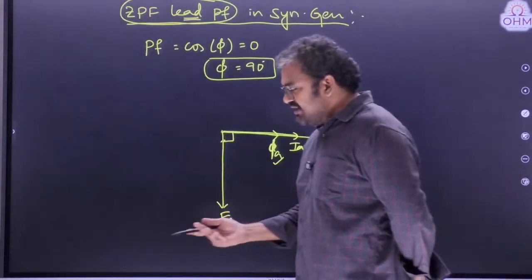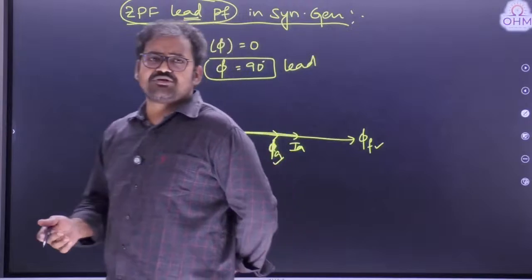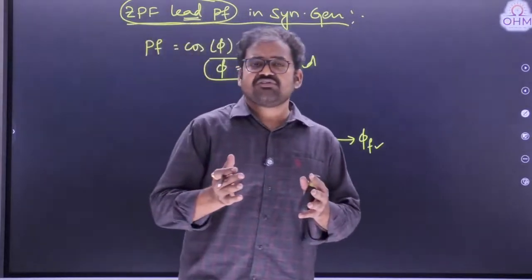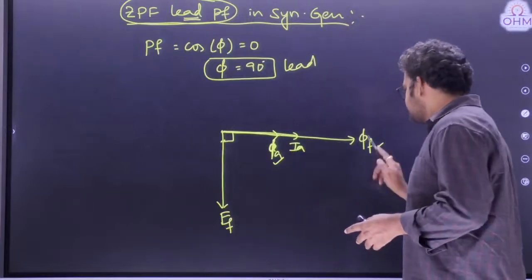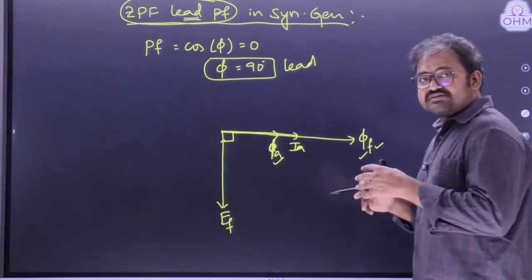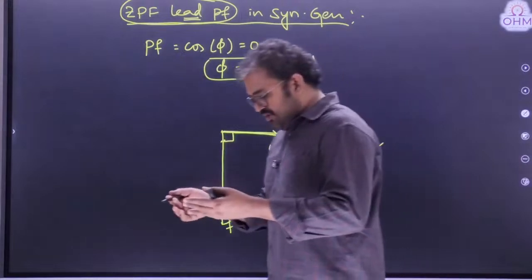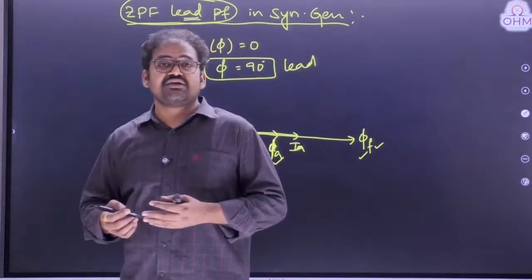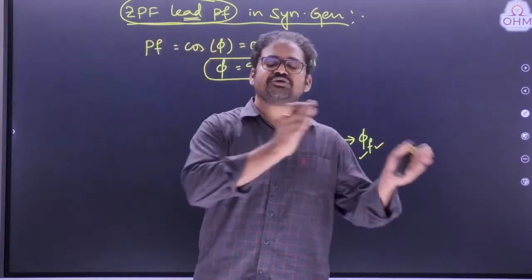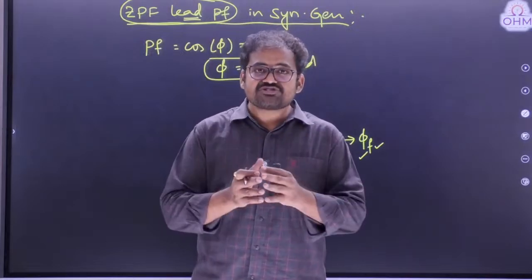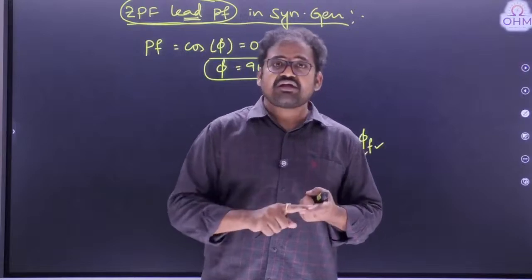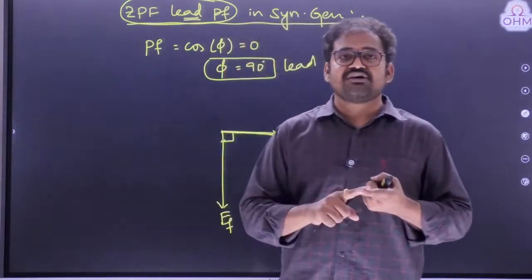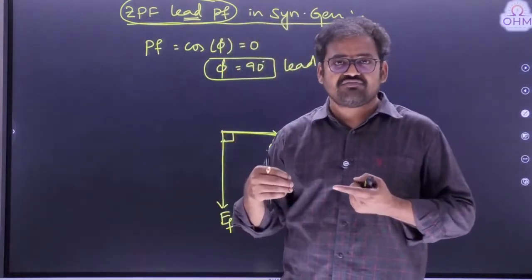So what is this magnetization and demagnetization? Very simple. When I say armature flux is magnetizing main field flux, that means both fluxes are adding. That means resultant flux will increase. When resultant flux increases, resultant voltage will also increase. So that leads to rise in voltage of the generator. When I say demagnetization, armature flux will be demagnetizing the main field flux.